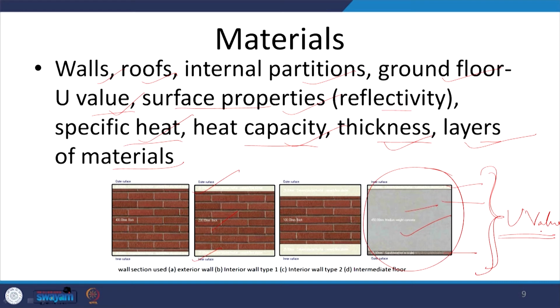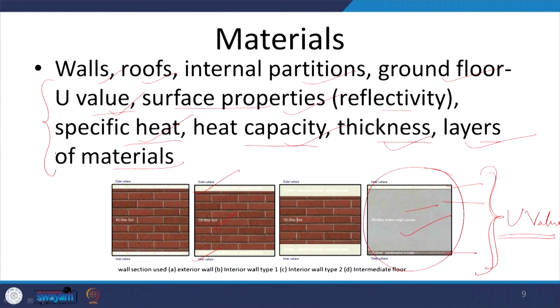These properties are essential because the moment we talk about energy simulation, whole building performance simulation, we are talking about the exchange of heat through this material, and therefore, without these properties we cannot work.